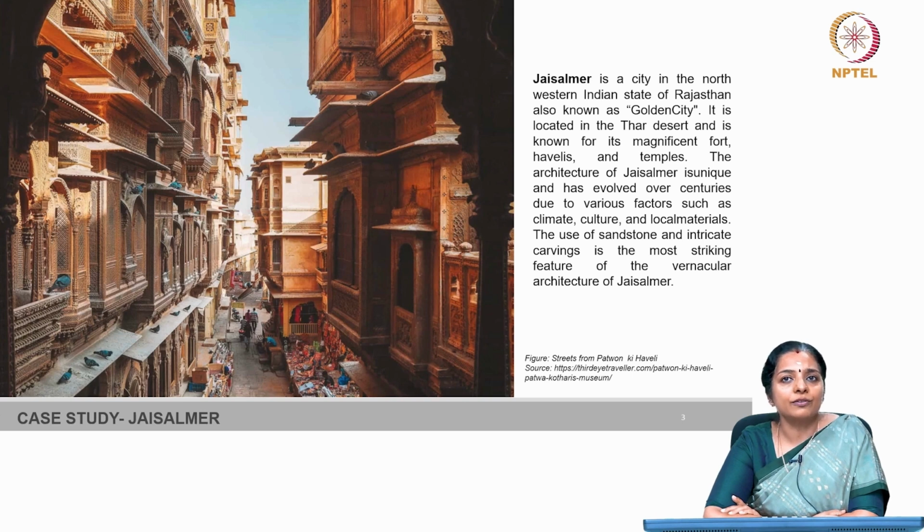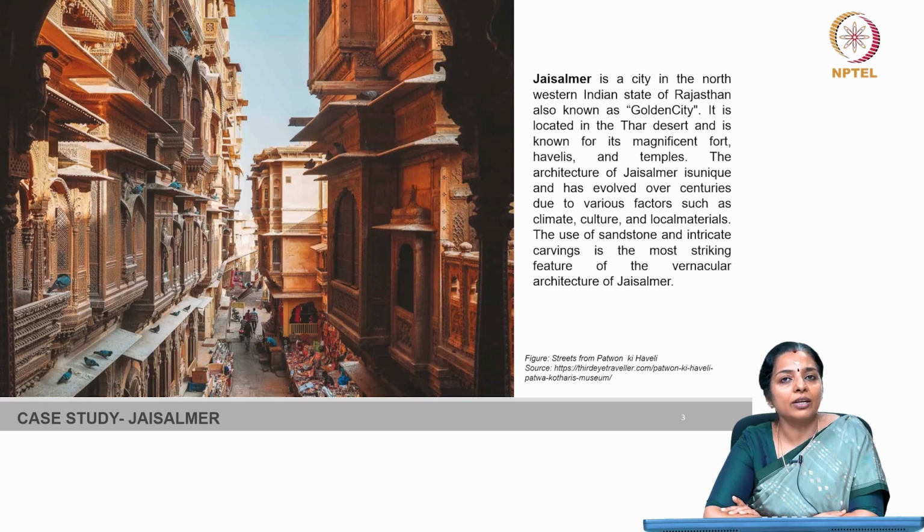The architecture of Jaisalmer is very unique and it has evolved over centuries due to various factors such as climate being the most predominant factor, because it's a hot arid area, it's a desert climate.